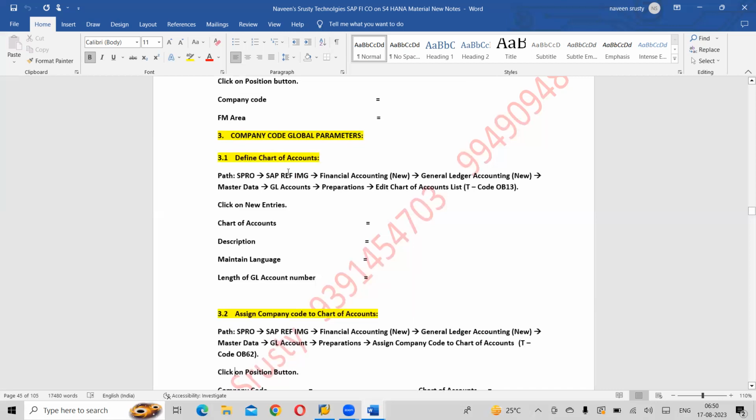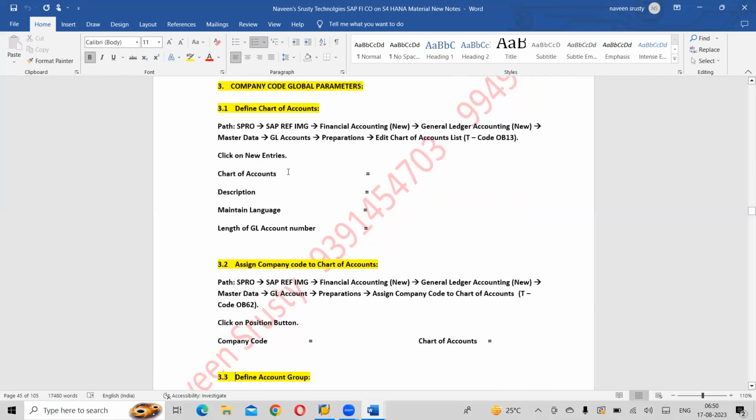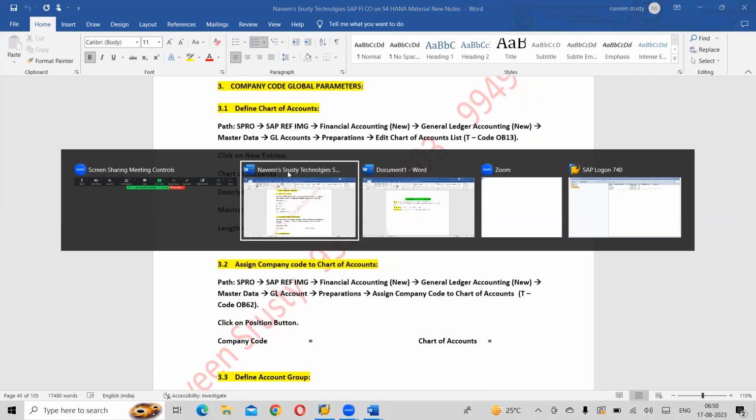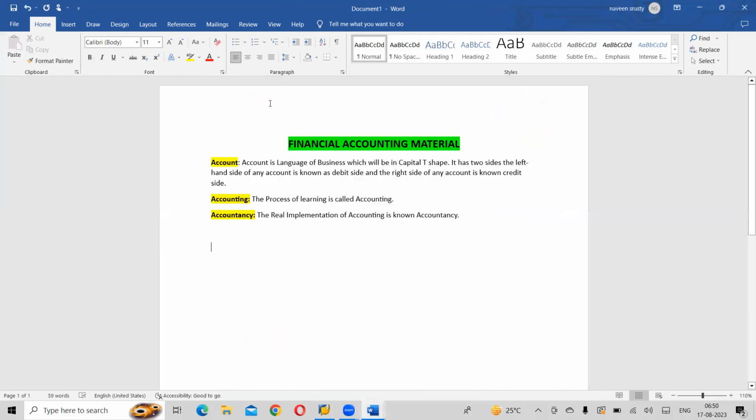Yesterday we discussed what an account, accounting, and accountancy mean. I said that in today's session we will cover a bit of the accounting part so that we will not have any issues when doing account groups.